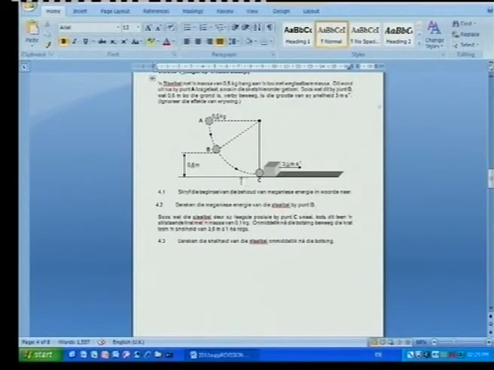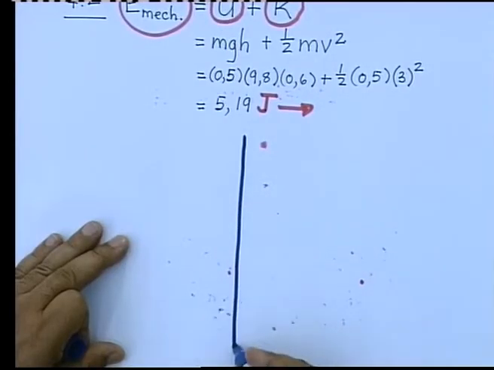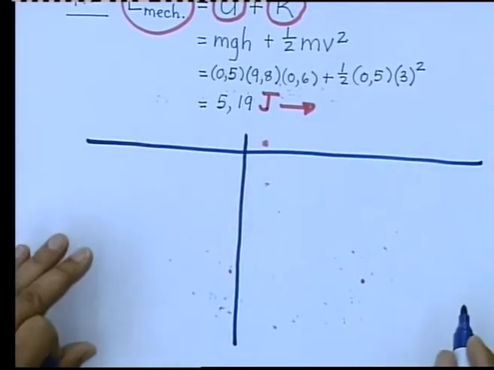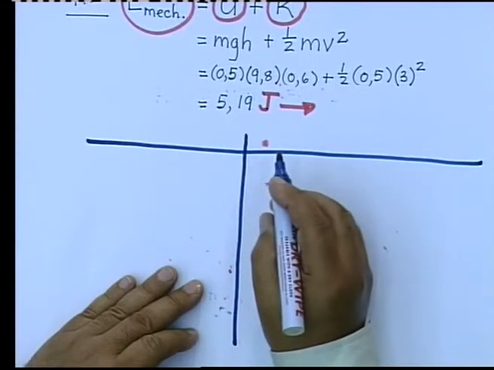Die vraag sê, bereken die snelheid van die staalbal onmiddellik na die botsing. Nou gaan ek 'n lyntjie trek op my blaai en sê, goed, as die eksaminator vir my sê ek moet 2 berekeninge doen, dan gaan ek 2 berekeninge doen. Hulle vra vir my, bereken die snelheid van die staalbal.